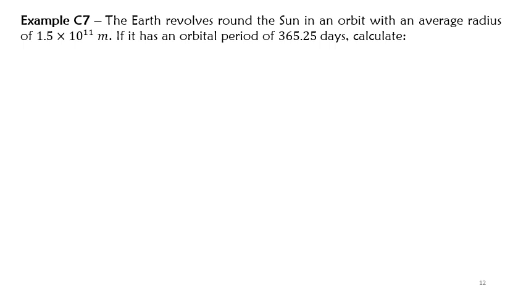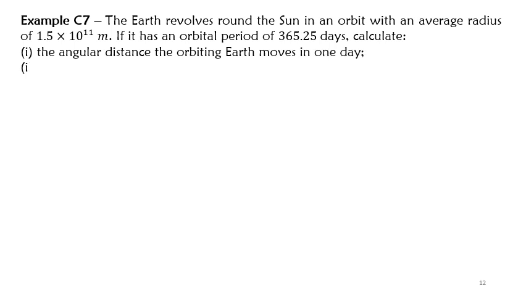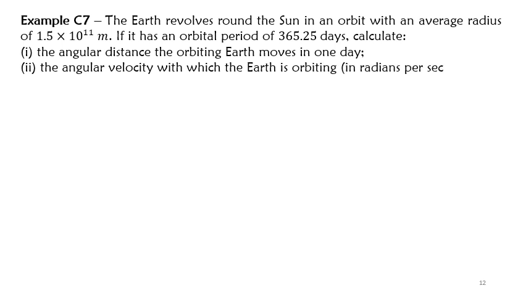Now, if it has an orbital period of 365.25 days, calculate: 1. The angular distance the orbiting Earth moves in 1 day, the angular velocity with which the Earth is orbiting in radians per second, the Earth's tangential velocity.